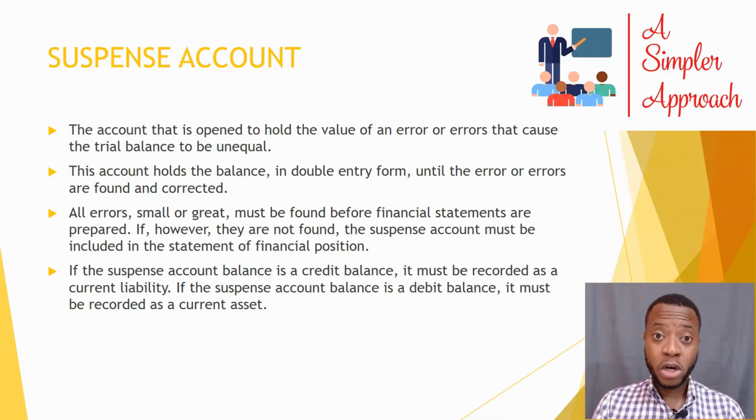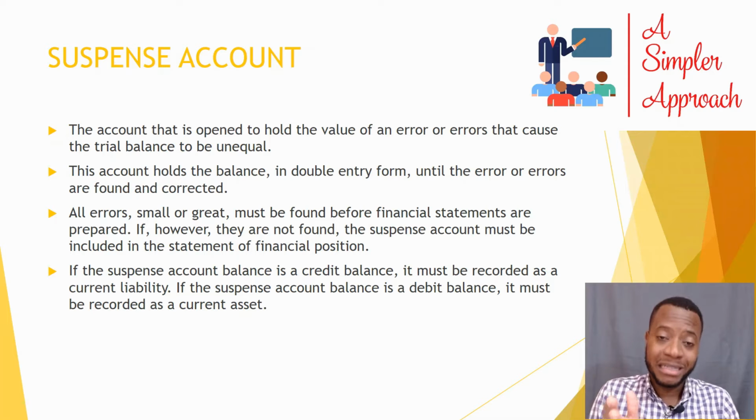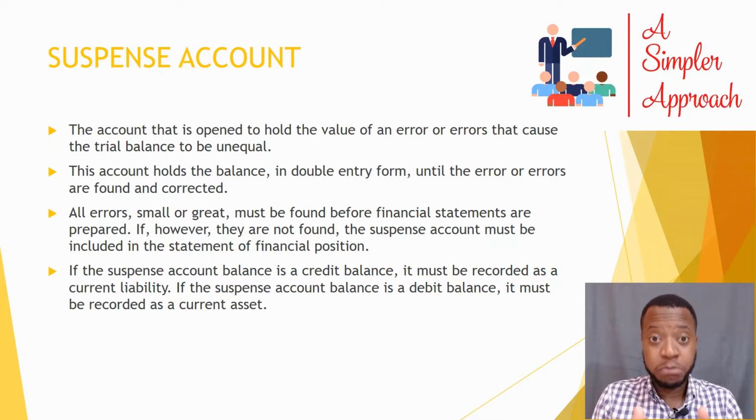The suspense account is going to be a T account, and the value of the error will be placed in that T account. There are some things you must remember. Number one, whichever side the shortfall is on, that's the side it is placed on in the suspense account. In our example just now, the shortfall was on the credit side, 2,000.